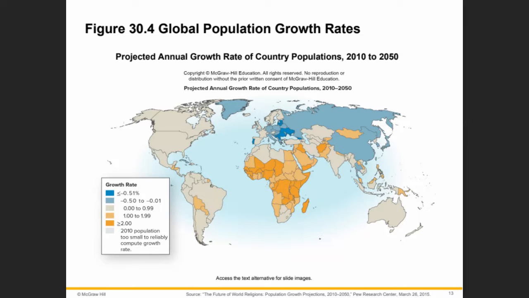So not all the countries have the same growth rate. The growth rate, as I said over here, is going to be negative 0.5%. That's the projection for those countries over here. For South America, some countries in North Africa, some countries in Asia, it's negative 0.5 to negative 0.1.